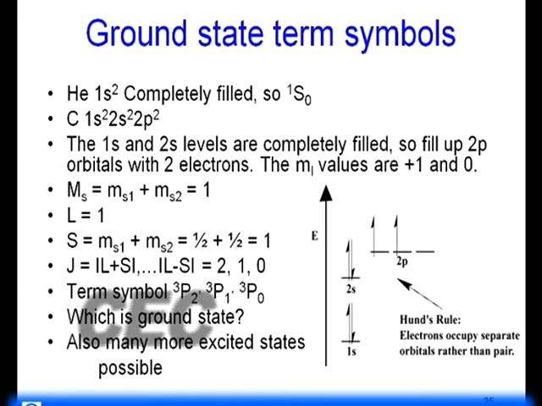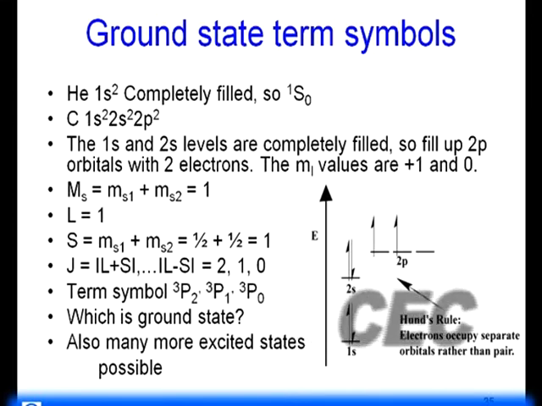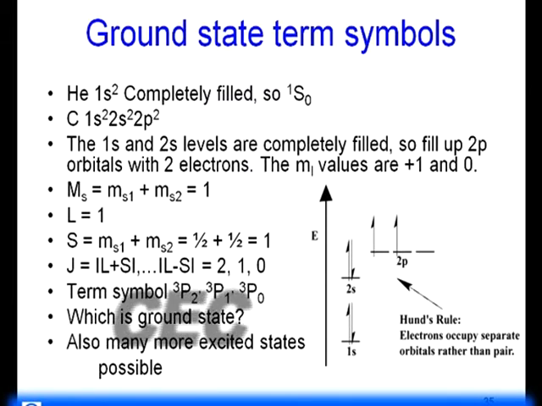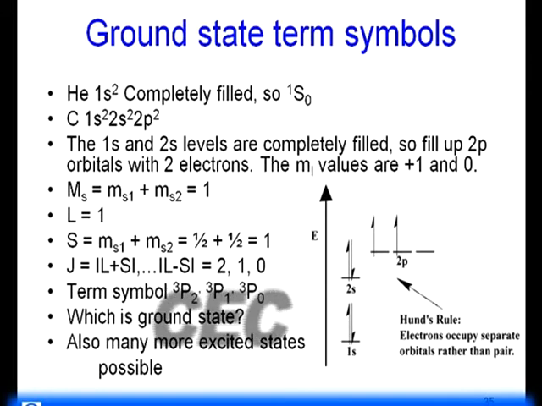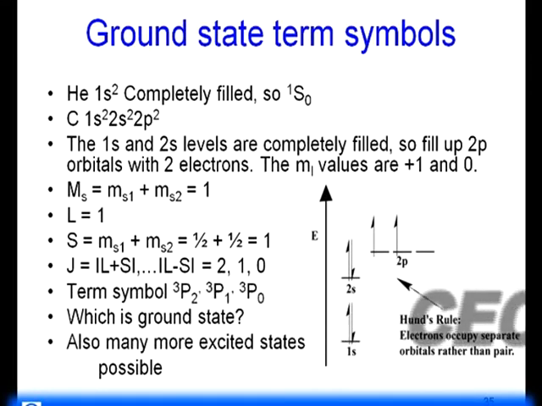The L value is equal to 1, the S value is equal to 1, and we had seen that J values can start from L plus S, and keep on decreasing by 1 unit until you arrive at L minus S. So L plus S is equal to 2, 1 plus 1. You subtract 1, you get 1, you still do not have L minus S, which is 1 minus 1, equal to 0. So you subtract 1 again and you get 2, 1 and 0.